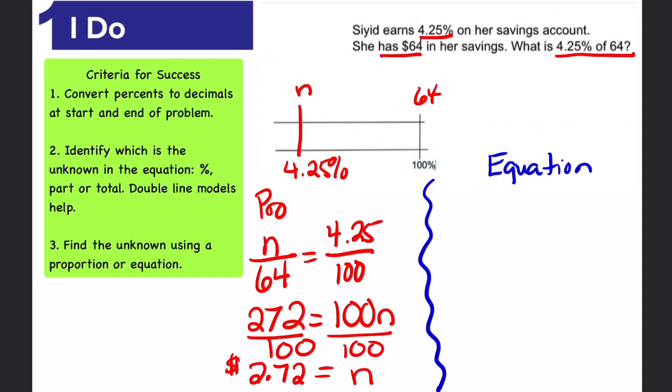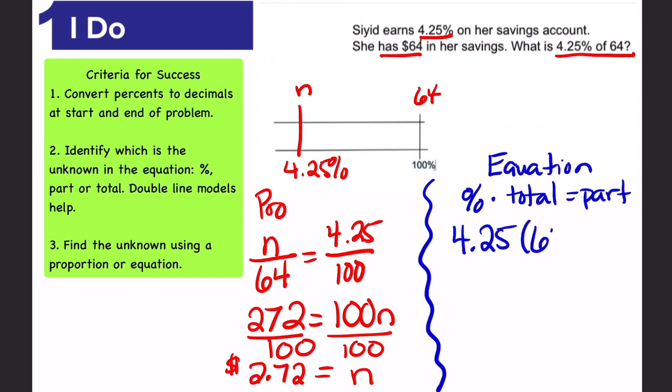And remember, for our equation, I have a percent times the whole number. This is the total, is going to give me my part. All right, so I have 4.25 times, in this case, I have the number 64, is equal to some number. And it's a straight multiplication question, so I'm going to do that over here.